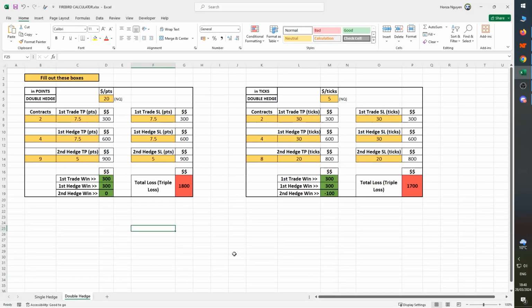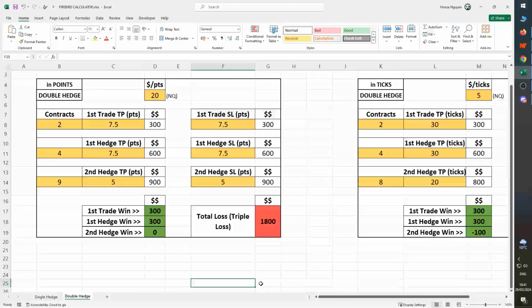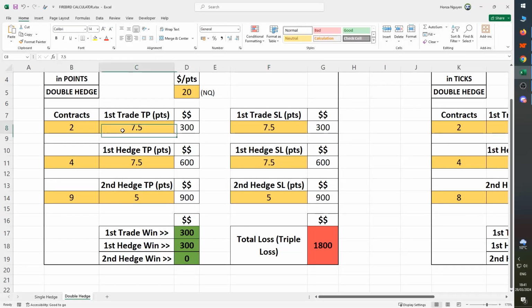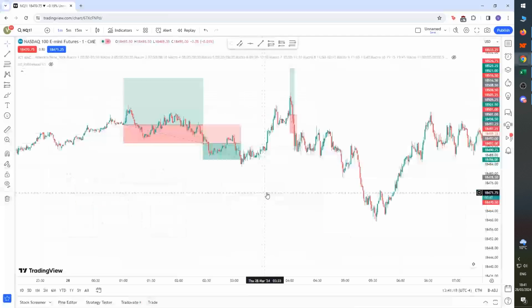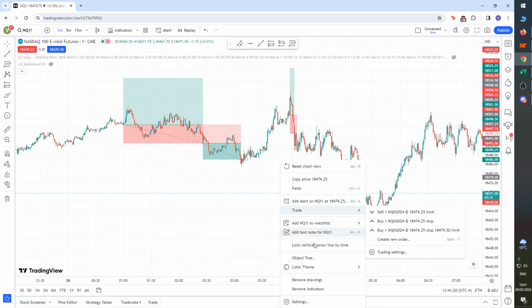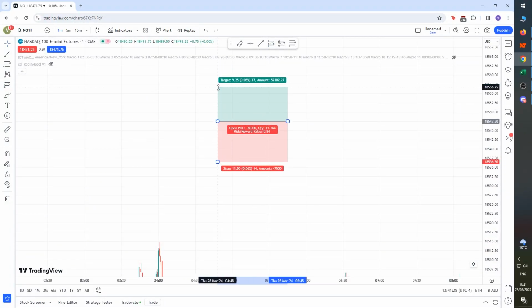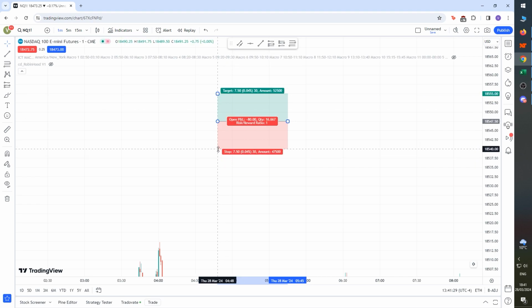I think he's using double hedge right now, and these are his settings. I believe he has 2 contracts on 7.5 and 7.5 stop loss. On the hedge, it's also 7.5 and 7.5. And the second hedge, there's a double hedge, so it's looking something like 7.5, 7.5.